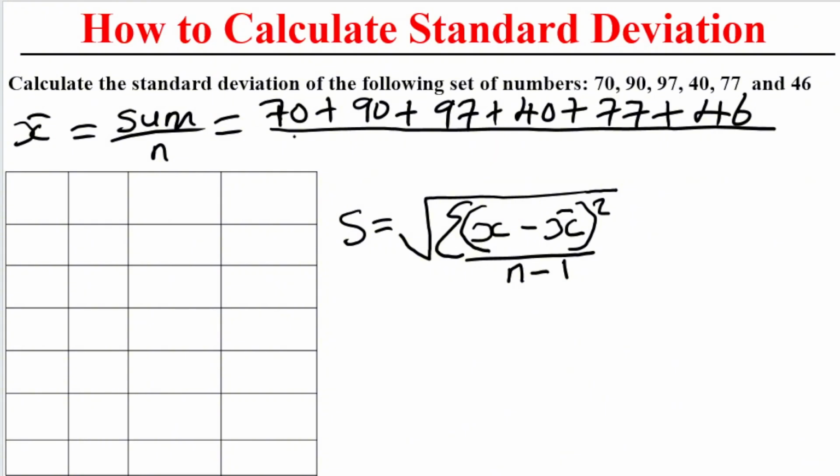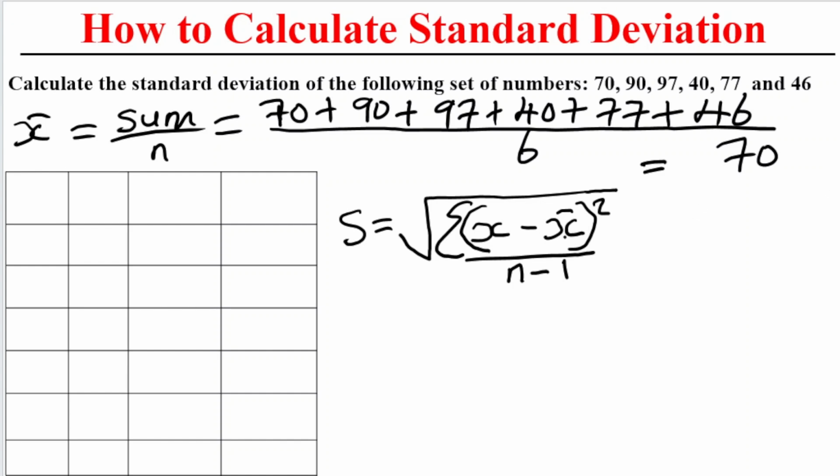Counting 1, 2, 3, 4, 5, 6, the size is 6. This is equal to 420 divided by 6, which gives us 70. So 70 is our mean.